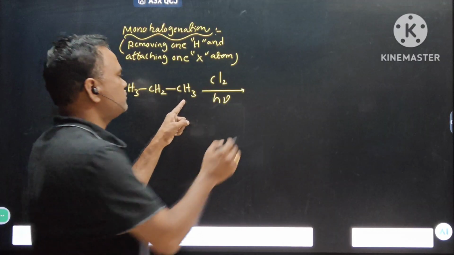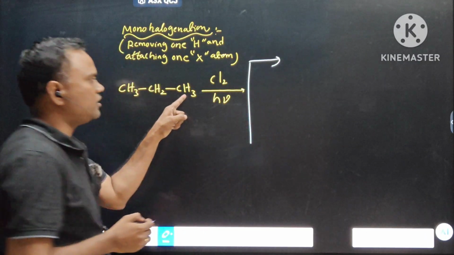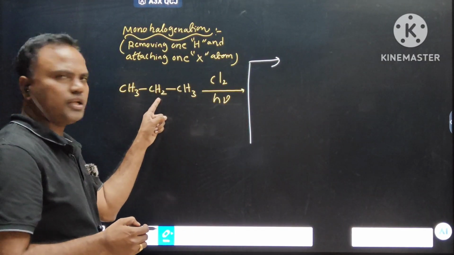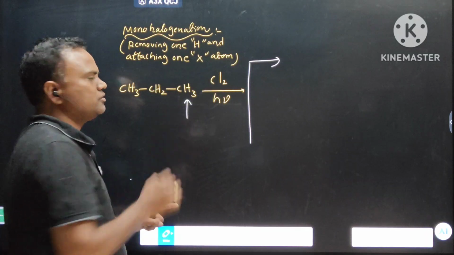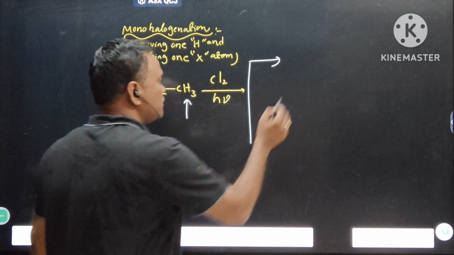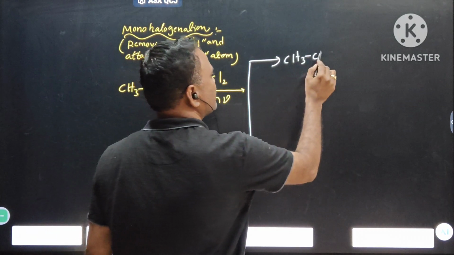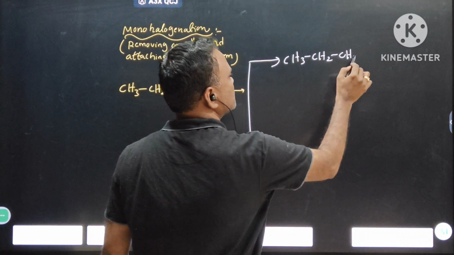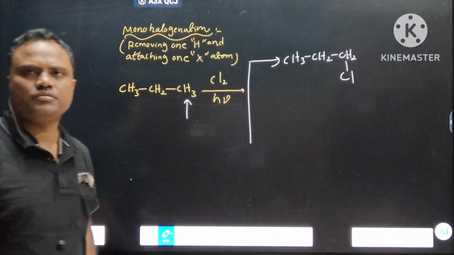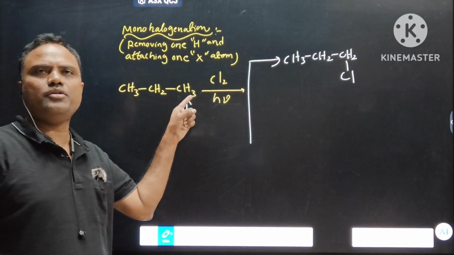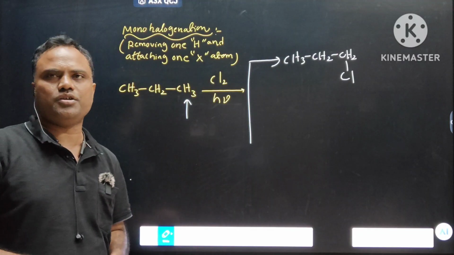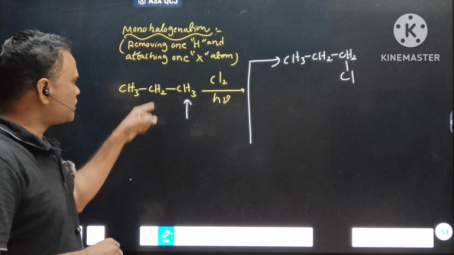Remove this hydrogen, primary hydrogen. This is primary hydrogen, this is secondary hydrogen. First remove this hydrogen. CH3CH2CH2Cl. Terminal hydrogen is removed and halogen is attached. One possibility. Next, remove secondary.